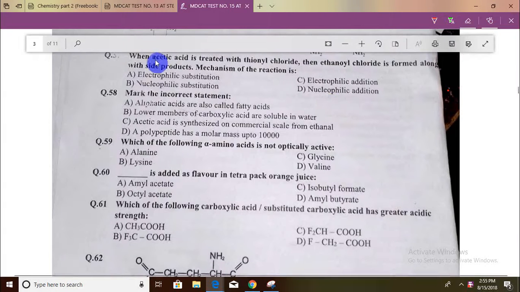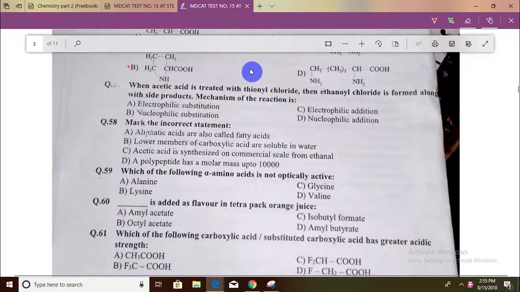Acetic acid is basically ethanoic acid, and we're treating it with thionyl chloride, which is a reagent used for chlorination, something you are actually familiar with. In addition to ethanoyl chloride, SO2 is also produced, as well as HCl.